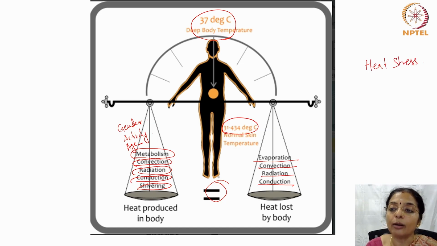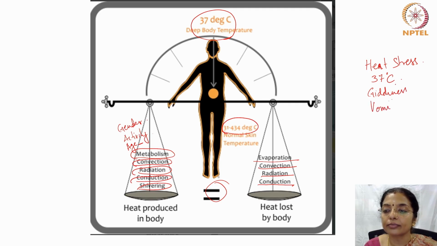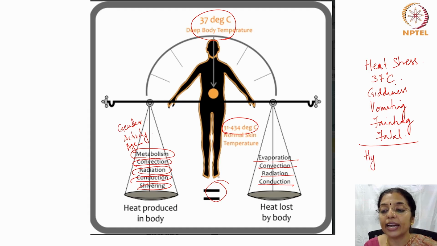When the inner body temperature exceeds 37 degrees centigrade, heat stress starts. Symptoms of heat stress will be giddiness, vomiting, fainting, and sometimes even fatality, death. Whereas when it becomes very cold, inner body temperature less than 35 degrees centigrade, hypothermia sets in.